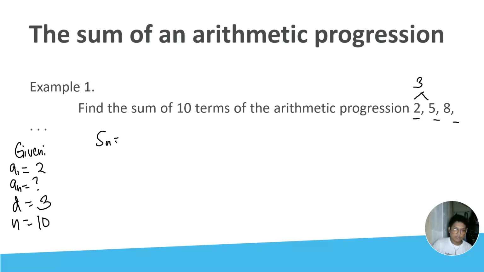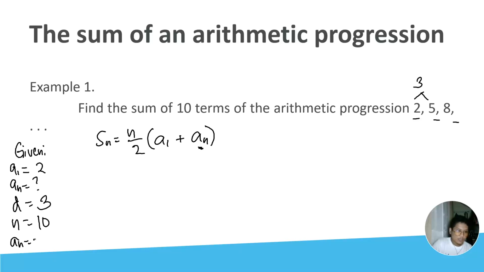The first formula that we're going to use is n over 2 times a sub 1 plus a sub n. But, wala pa tayong a sub n, yung pang 10th term. Ngayon, di ba, sinolve na natin yan kanina. Kasi same lang naman yung progression na ginamit ko. So, nung sinolve natin yung pang 10th term nung progression, we have 29.